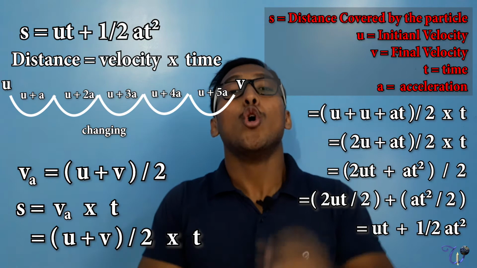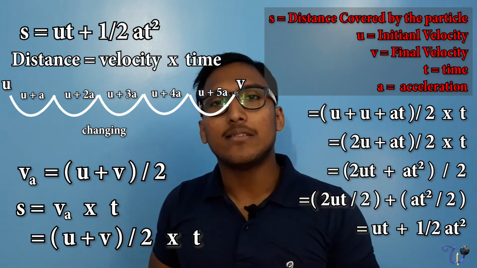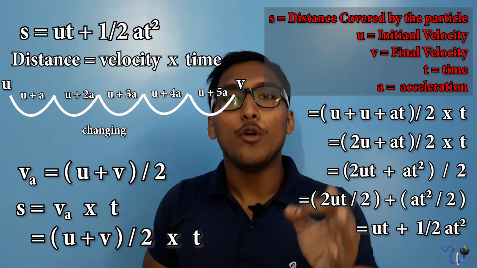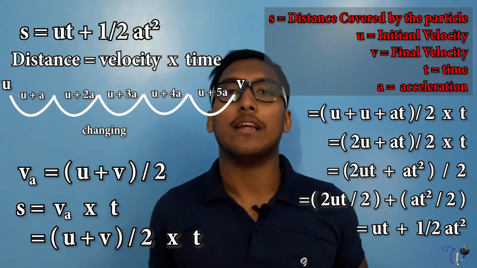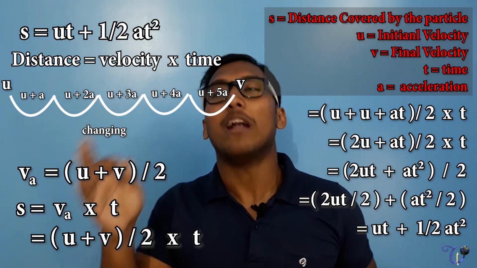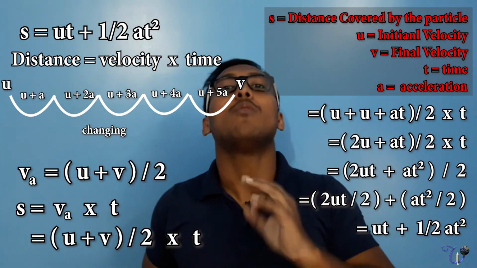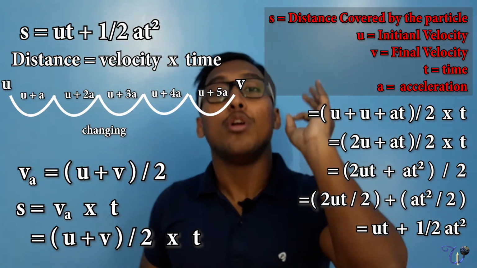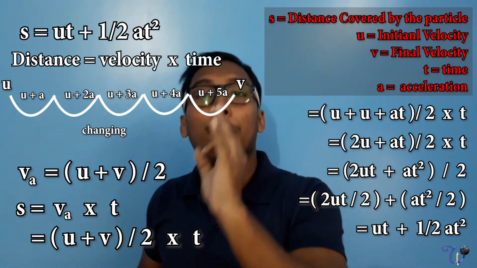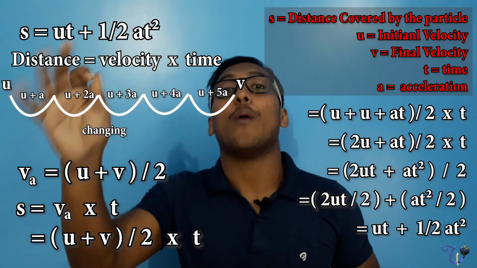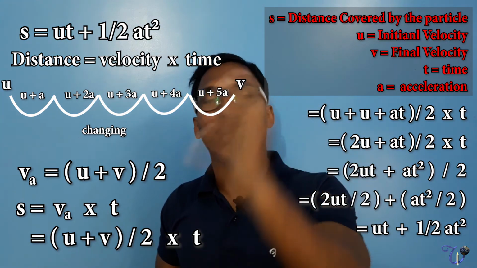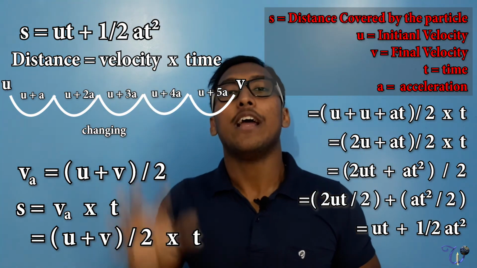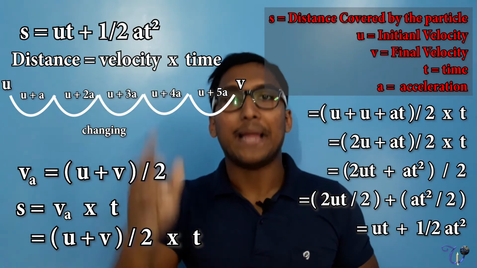So here we get 2u plus at by 2 into t. If we multiply the t to the whole equation, what do we have? 2ut plus at square by 2, right? 2ut plus at square by 2.